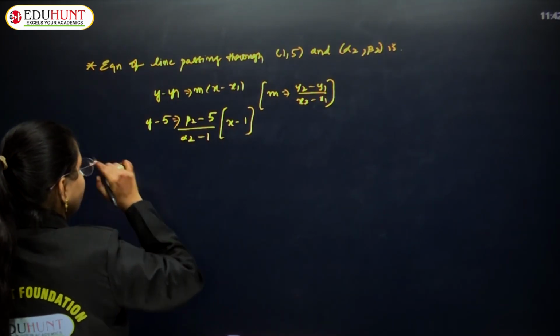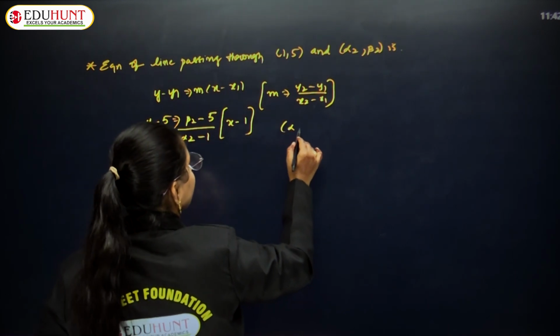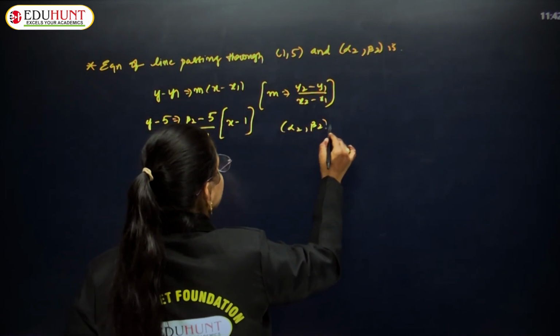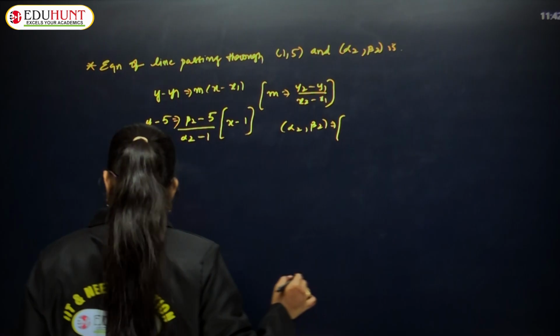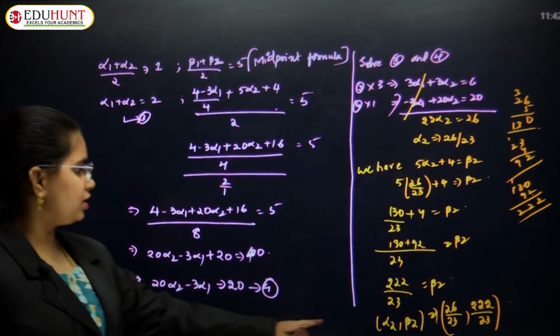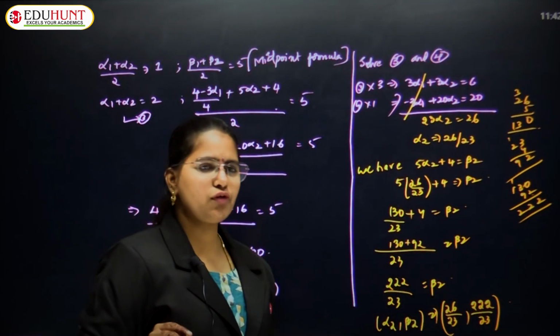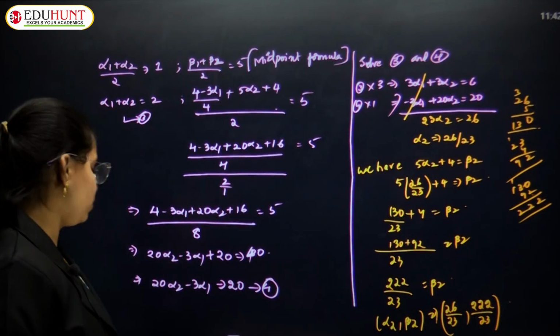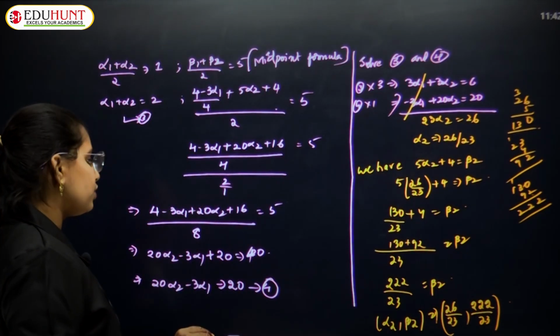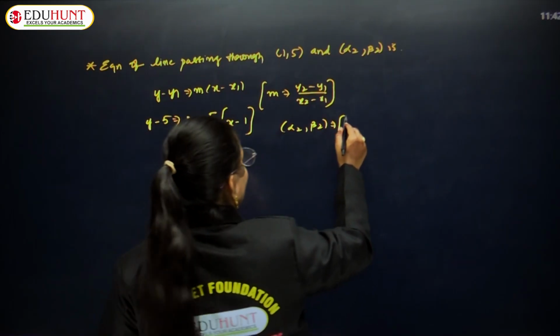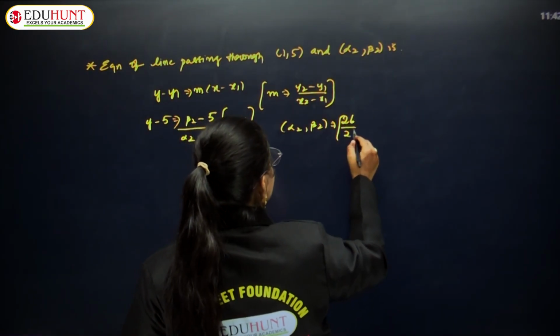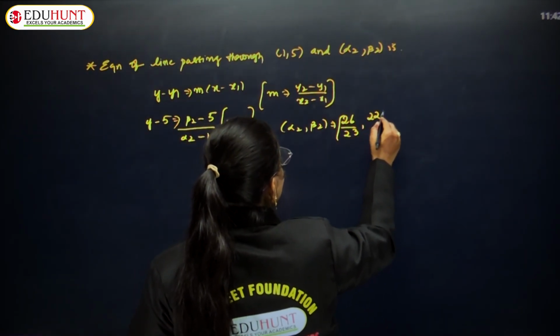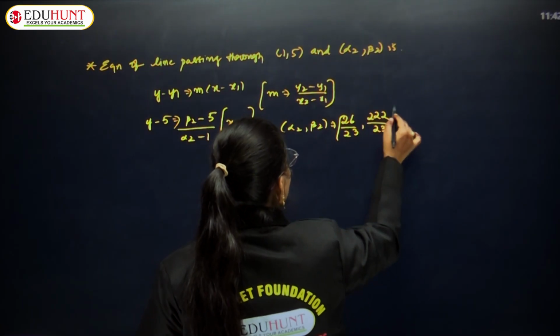which is 1. Okay. So what are the coordinates we have here? Just now I have found alpha 2 and beta 2: 26 upon 23 and 222 upon 23. Correct.